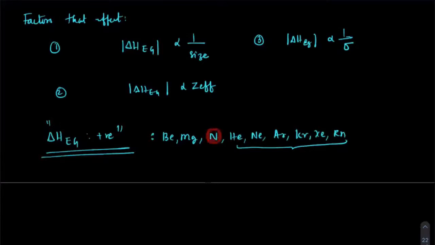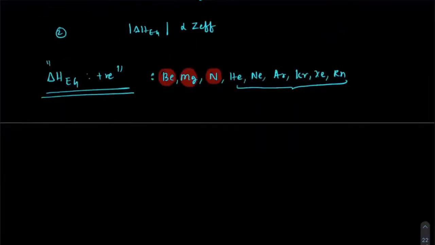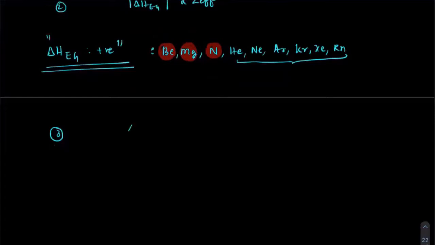Exceptions are nitrogen, beryllium, and magnesium. They have positive electron gain enthalpy, meaning energy is required to add an electron to them. Third point is, delta H electron gain enthalpy may be positive or negative.